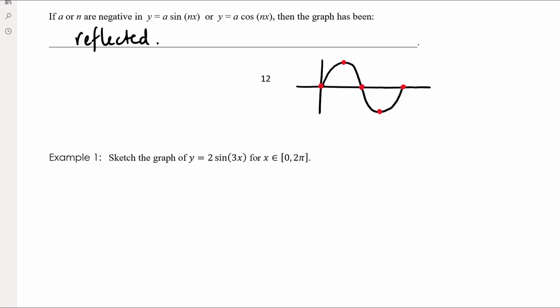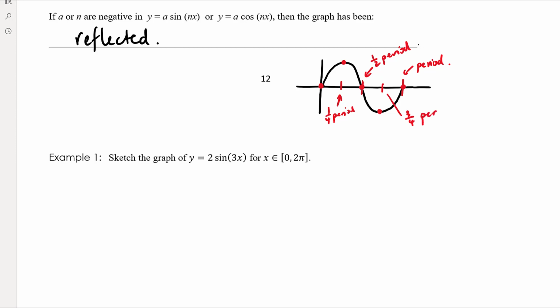And plot out correctly in order to get your sine curve correct. In order to do that, you're going to need a scale that certainly encompasses the end of the period. You're also going to need half the period, and you're also going to need a quarter of the period and 3/4 of the period.